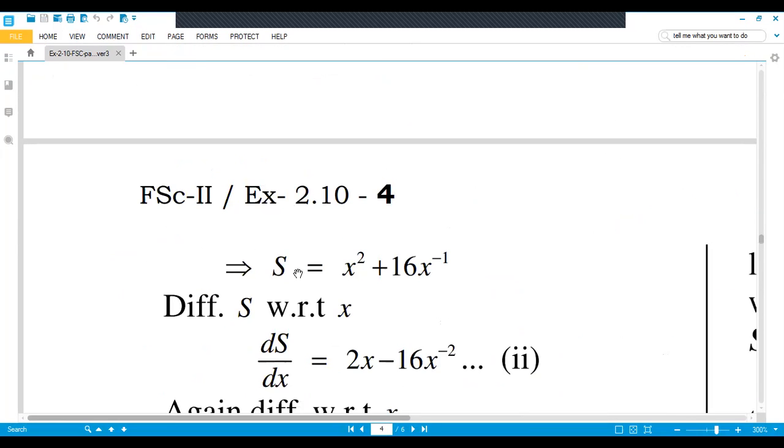So here you have S equal to x square plus 16 over x. X is in division, to bring it to the numerator its power will be minus 1.